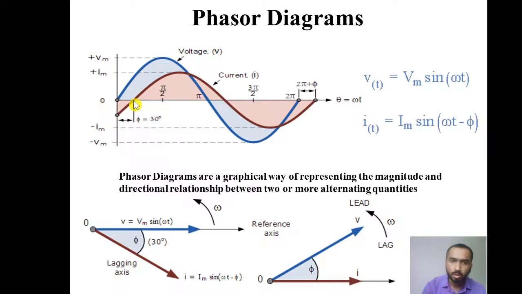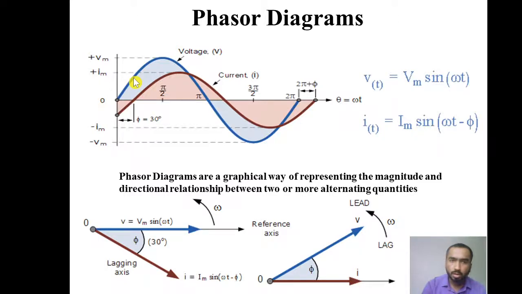If we draw a straight line to the voltage waveform, then at this point the voltage has completed its 30 degrees. Means when the current is at 0 degrees, the voltage completes its 30 degrees.